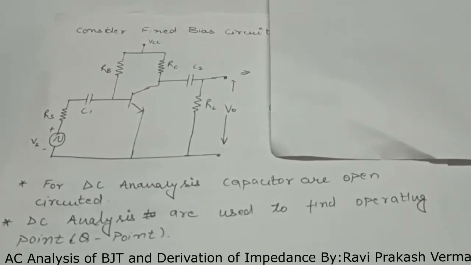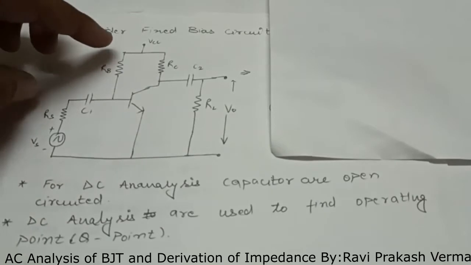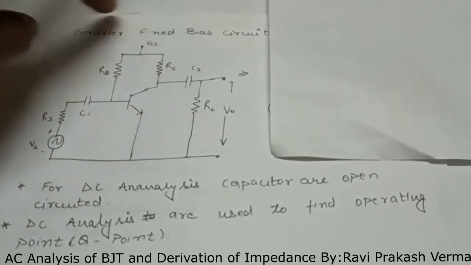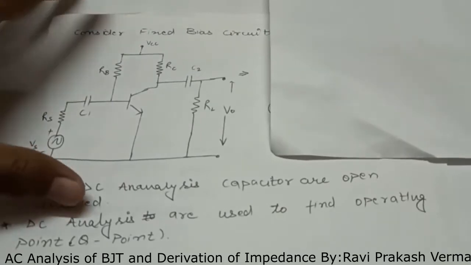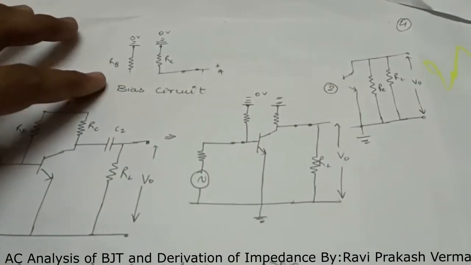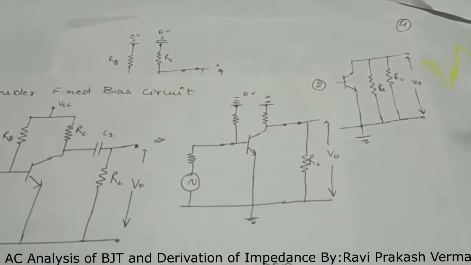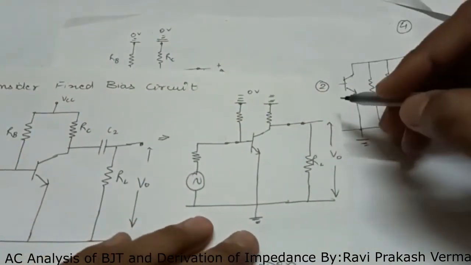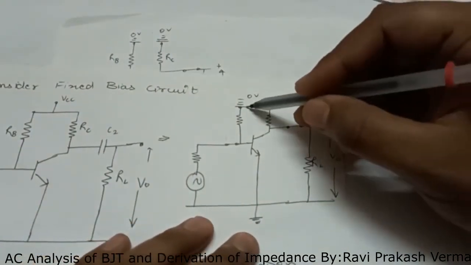Now for the AC analysis, we have to short all the DC sources present in the circuit. So while shorting the DC source, we'll get this type of circuit. In this, VCC will be 0.